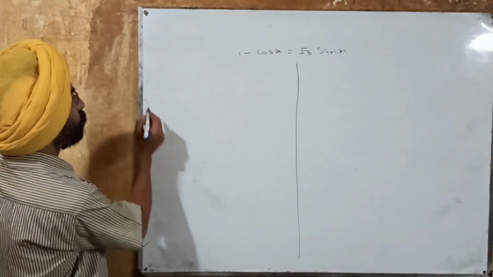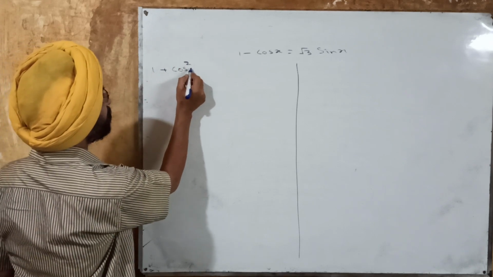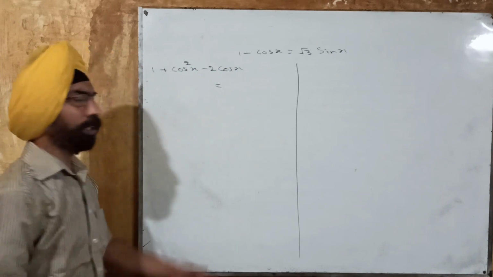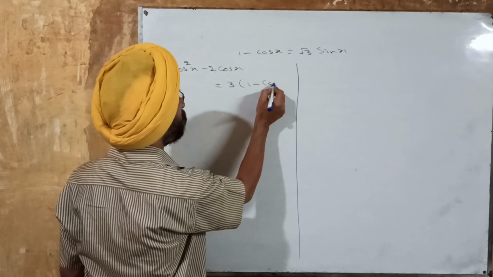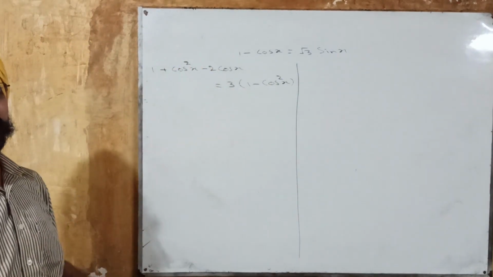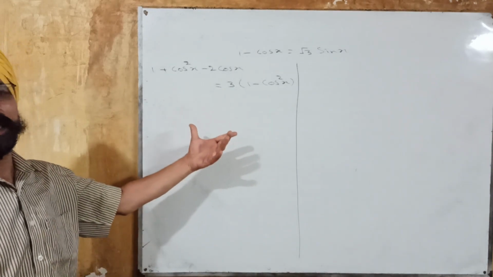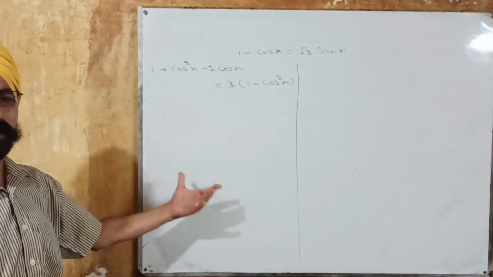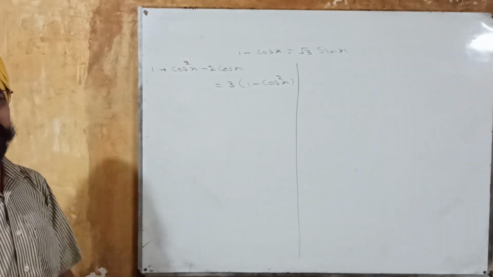Squaring both sides, you will get 1 plus cos square x minus 2 cos x is equal to, on the other side, you will get 3 sin square x, and sin square x I am going to write as 1 minus cos square x. And now you can rewrite this equation as a quadratic equation in cos x, and two factors will be there from where you can get the two different solutions. That means combining the two solutions you will get the complete solution. This is the one way.